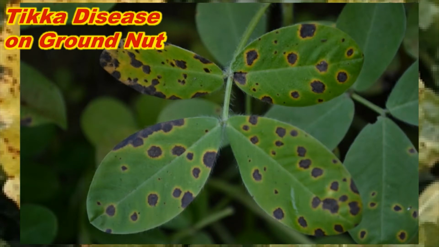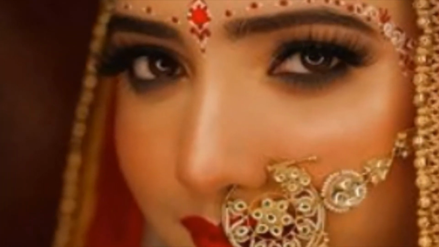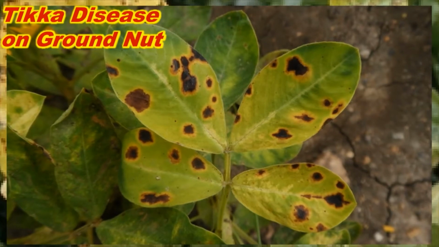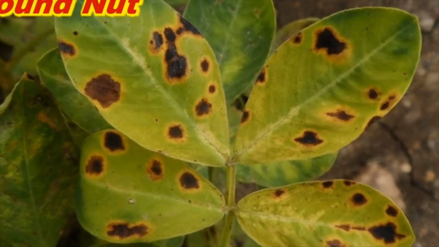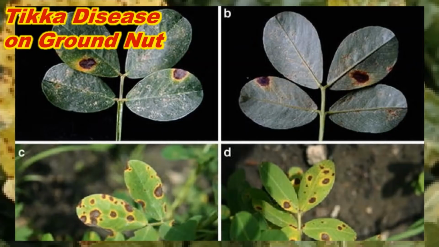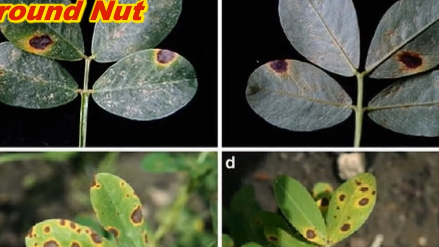The name is given to this disease because of the presence of leaf spots which look like the tikka which Indians wear on their forehead. The leaf spots are brown or black in color with a yellow halo, a yellow margin around the leaf spot. The leaf spots may be exactly circular or may be irregular in some cases.